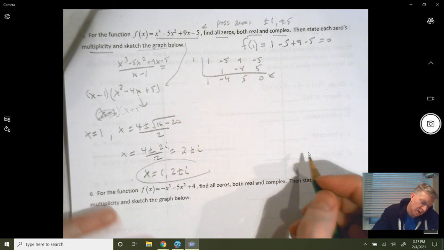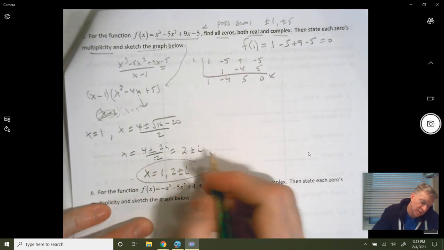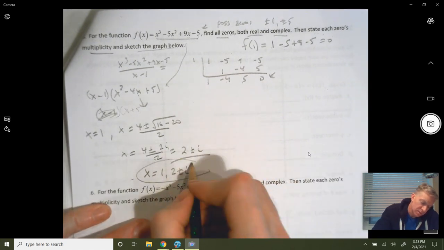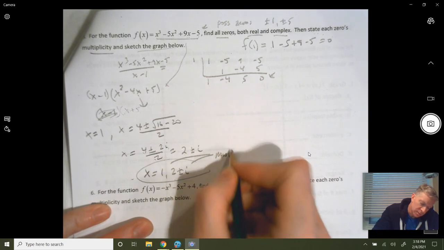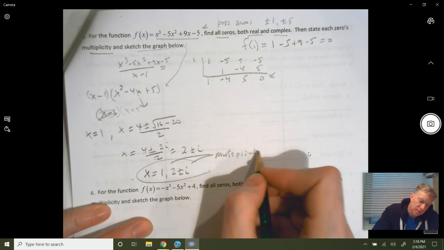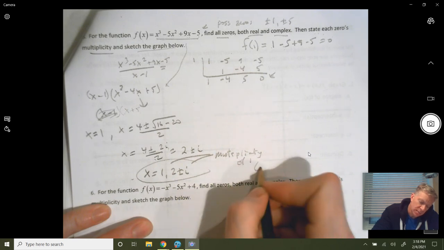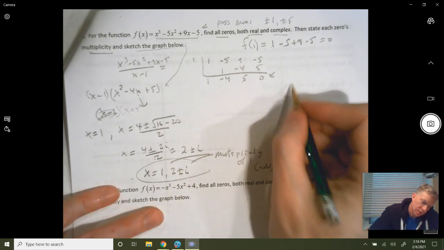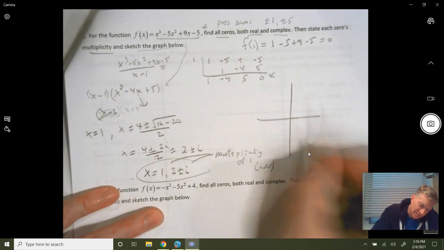And let's sketch the graph. And they all have a multiplicity of 1, or odd. Okay, my y-intercept is -5.